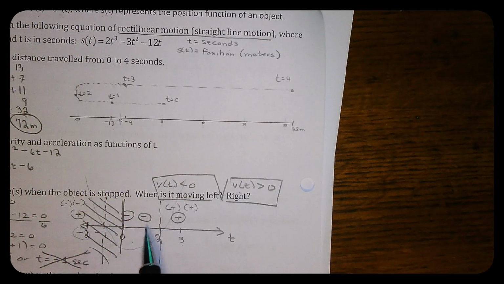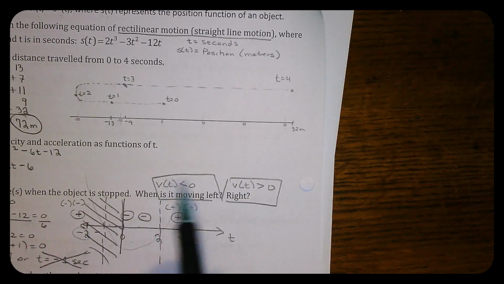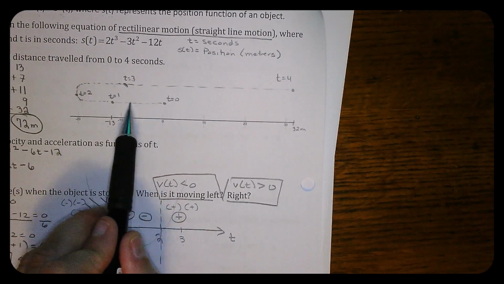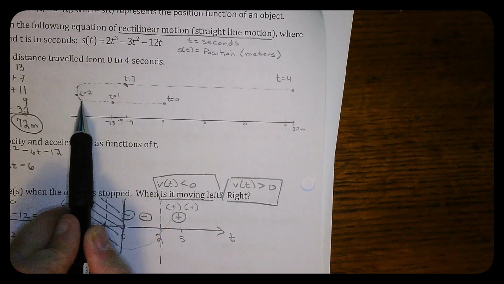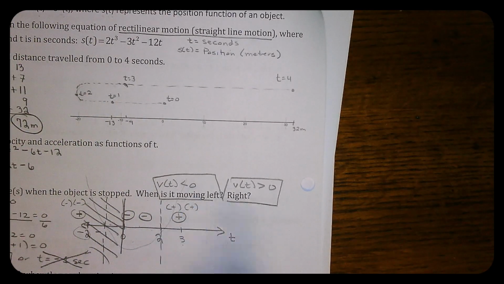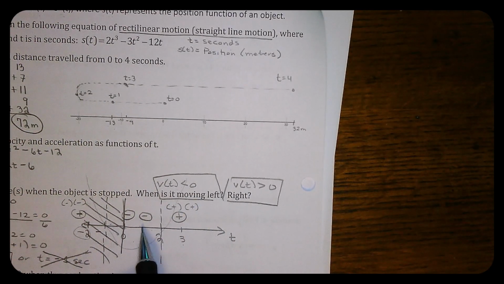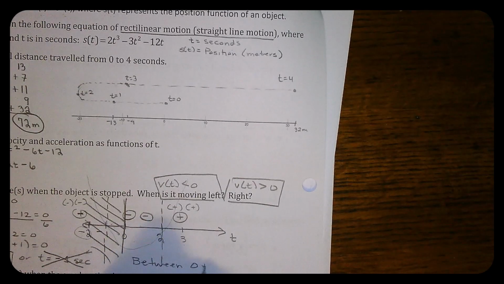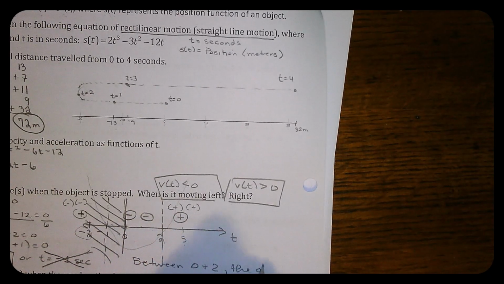Now we can see that the velocity is negative between 0 and 2. Well, that doesn't mean anything but moving left and right, and so our graph verifies it. You can see that we were moving left. The velocity is negative. We were moving left until we got to t equals 2, and then we moved right. So when is the object moving left? When the velocity's values are negative. So between 0 and 2, the object is moving left.